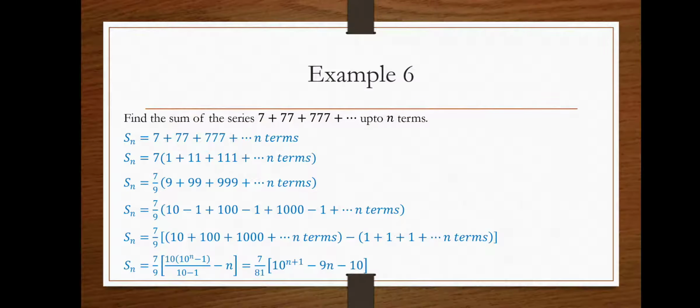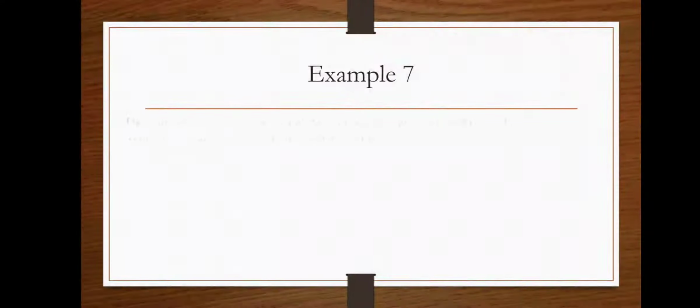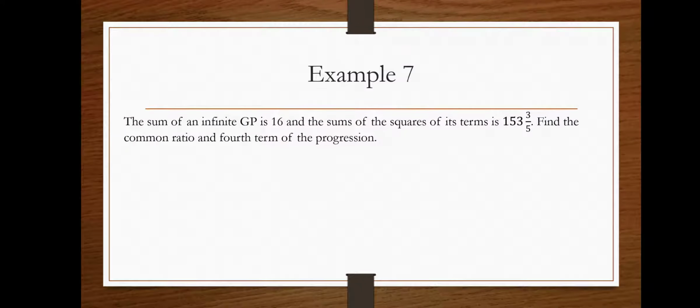Okay, now let us move to number 7. The sum of an infinite GP is 16 and the sum of the squares of its terms is 153 by 5. Find the common ratio and fourth term of the progression. So this is given, sum to infinity, that is a by 1 minus r, equals 16.